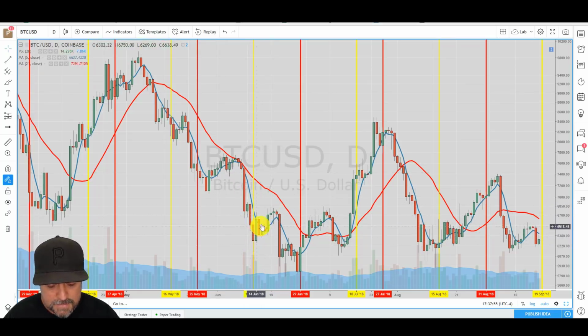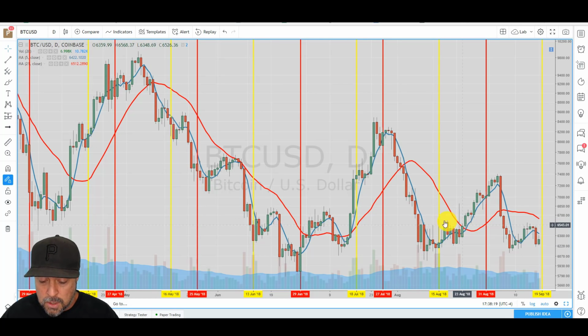You can see it bounces back up. July was an exception where we ramped into the expiration, had a little consolidation, and then continued to rise. August comes down into expiration, has a long wick on this candle, a hammer candle that's pretty bullish, and then we get a bounce post expiration.